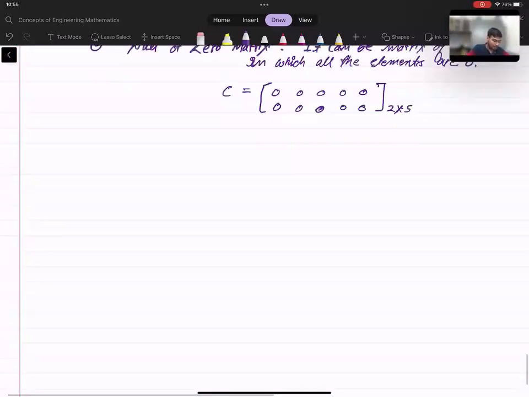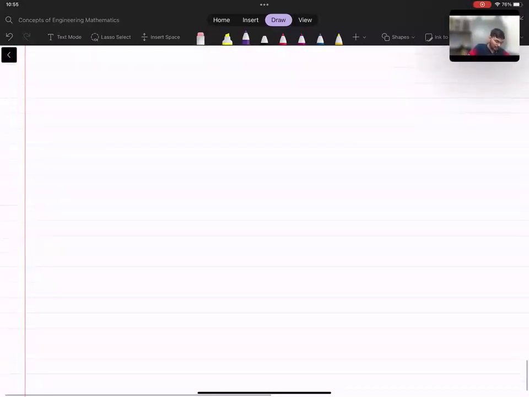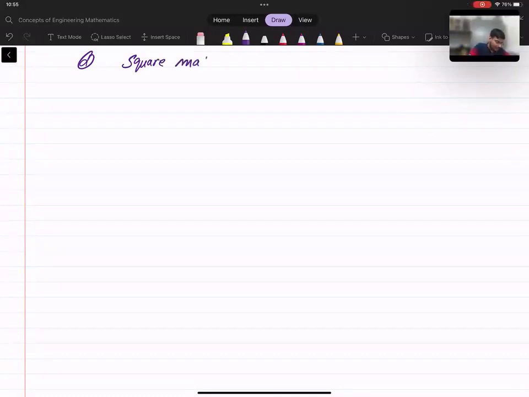Now let us see the next one. So we have now the most important, square matrix. Why I said it is important is because on a square matrix we can perform the operations of determinants also, because a determinant can be written for a square matrix as this matrix has the number of columns equal to the number of rows.